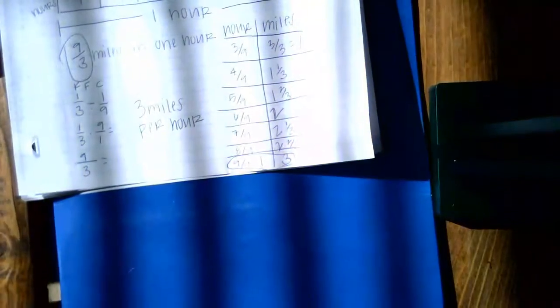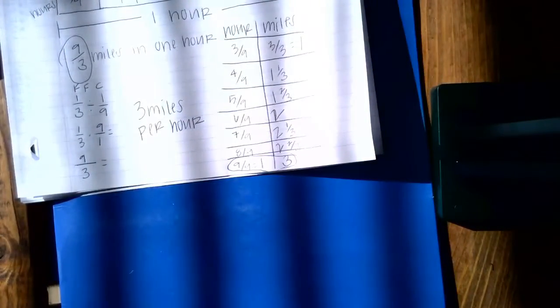So 1/3 times 9/1, multiply across. 1 times 9 is 9, 3 times 1 is 3, which is equivalent to 9/3, or 9 divided by 3, which equals 3 miles per hour. So either way, we got that 3 miles per hour.